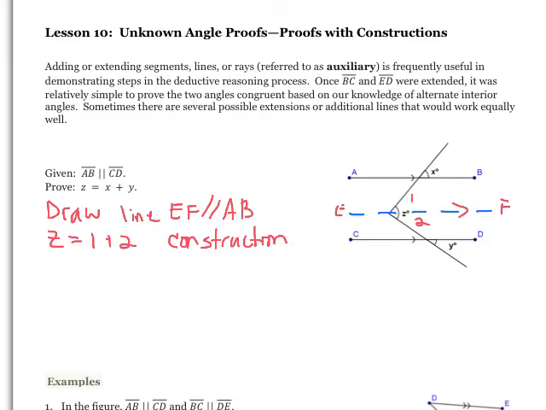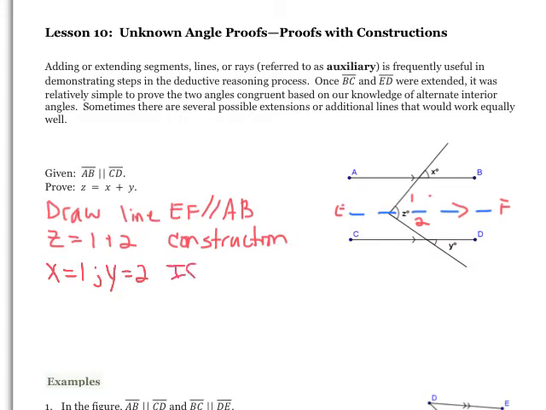So now when you look at this, we can equate X with angle 1. X is equal to angle 1, and Y is equal to angle 2 because they are corresponding angles. So here's what we say. This example drops the angles, so we'll just say X is equal to 1, Y is equal to 2, and here's why.